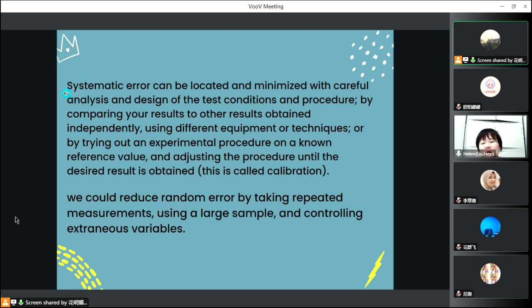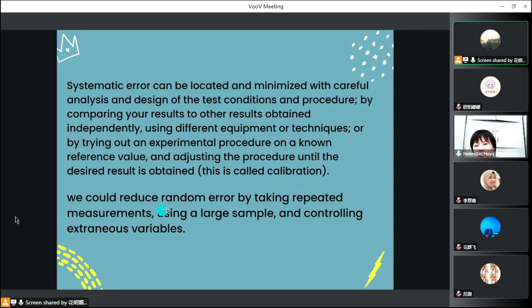Systematic errors can be located and minimized with careful analysis and design of the test conditions and procedures, by comparing your results to other results obtained independently using different equipment or techniques, or by trying out an experimental procedure on a known reference value and adjusting the procedure until the desired result is obtained, which we call calibration.